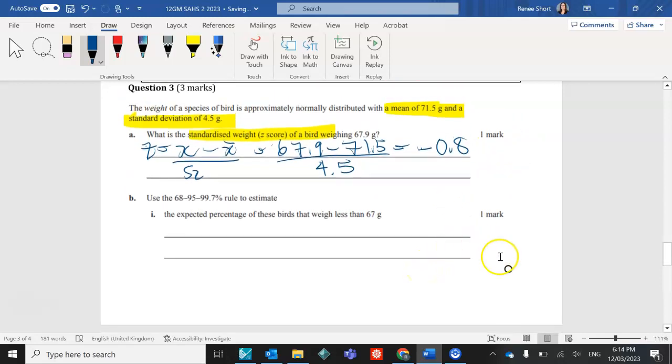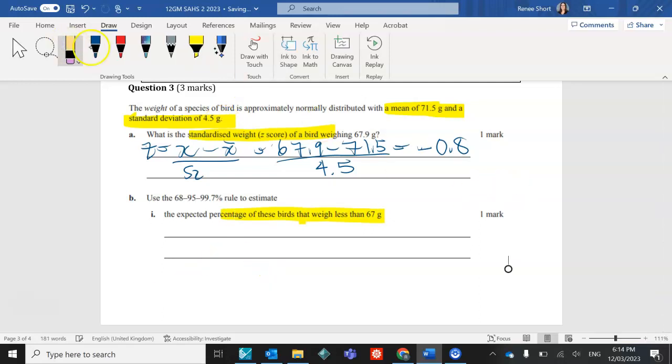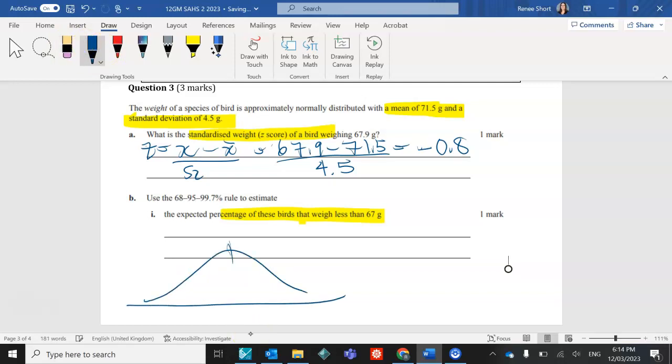It then wants me to use the 68, 95, 99.7% rule to estimate the expected percentage of birds that weigh less than 67 grams. So I should quickly sketch the curve, and if I do sketch the curve, remember my mean here is 71.5, and we're going to the smaller side, so I'm only going to draw my standard deviations out this way.